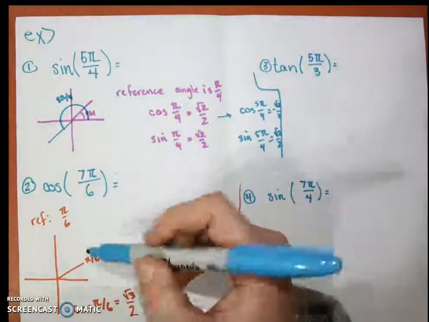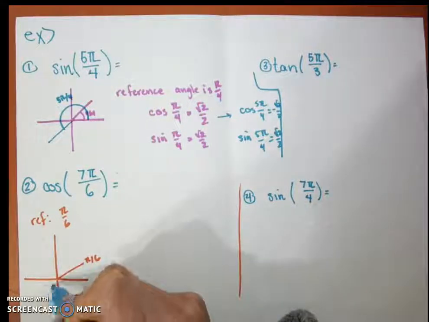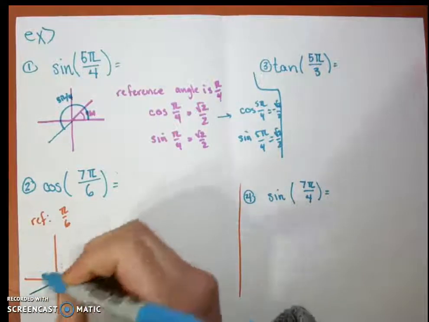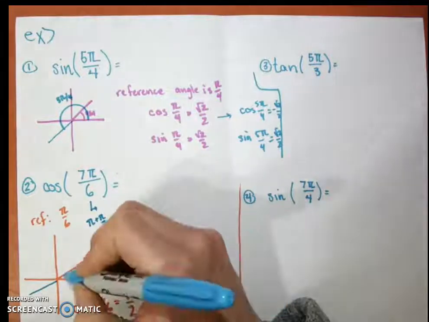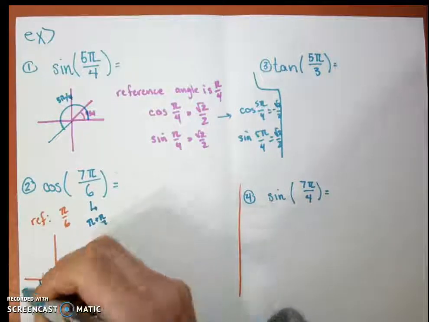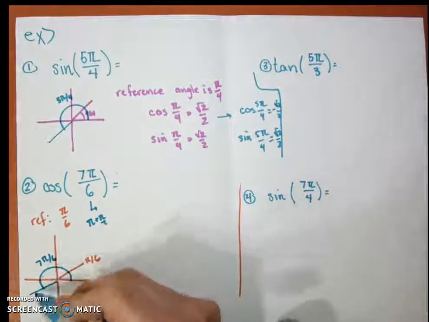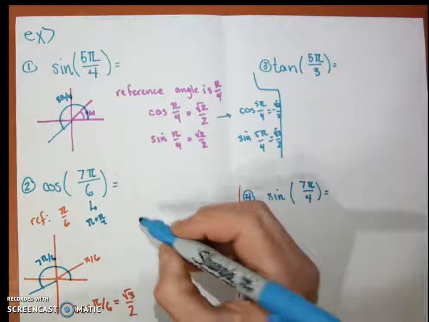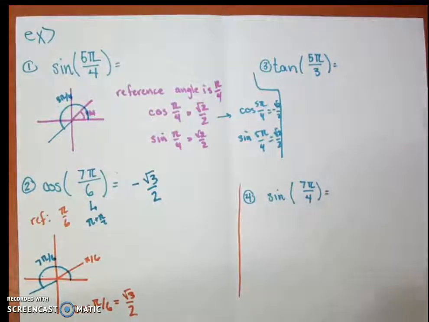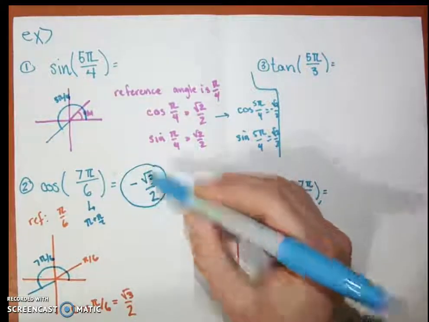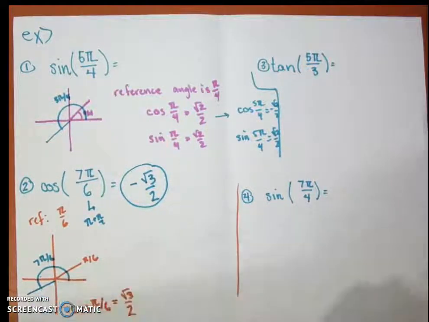So I need to figure out what quadrant that's in. And again, that one's going to be in quadrant 3 because 7 pi over 6 is pi plus pi over 6. So I go pi, and then I go pi over 6 more. And in quadrant 3, cosine is negative. So my final answer is negative root 3 over 2, because I take cosine of pi over 6 and I negate it because I'm in quadrant 3.